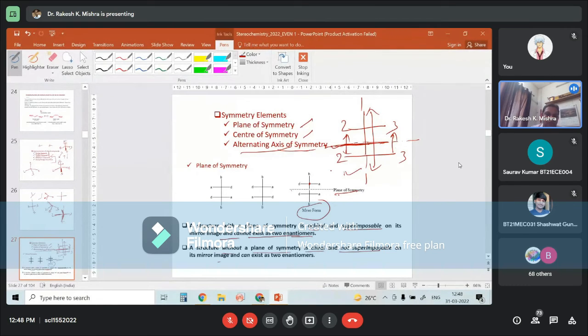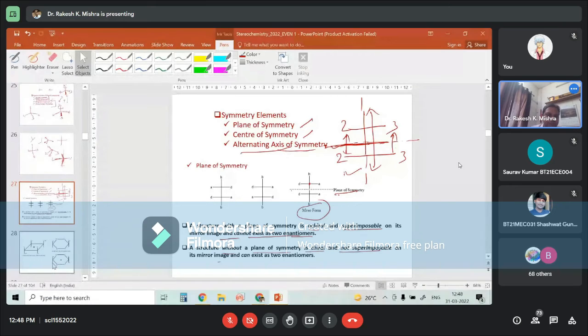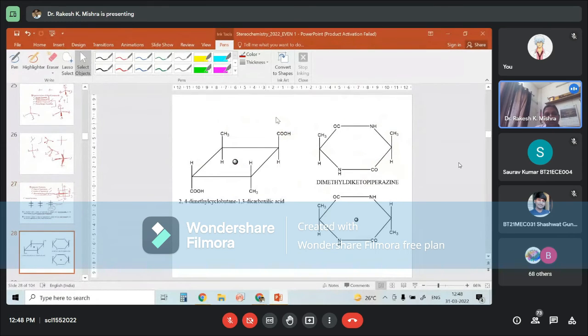This is very simple, not much complicated. So we shall move towards the next example, that is the center of symmetry.